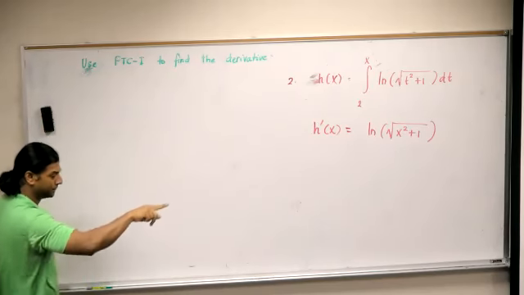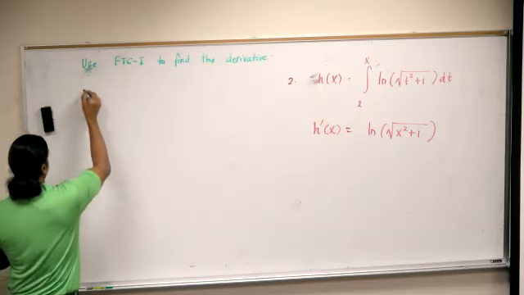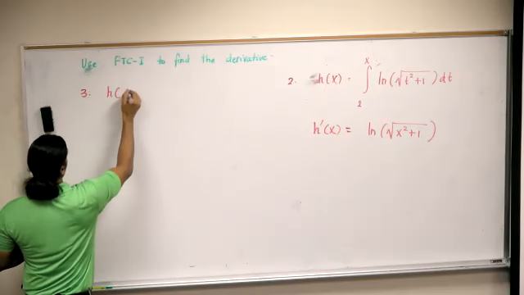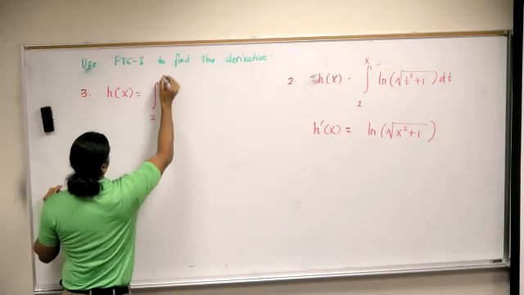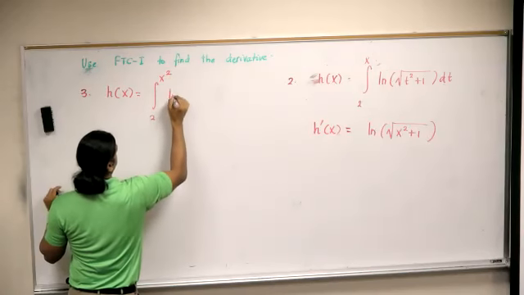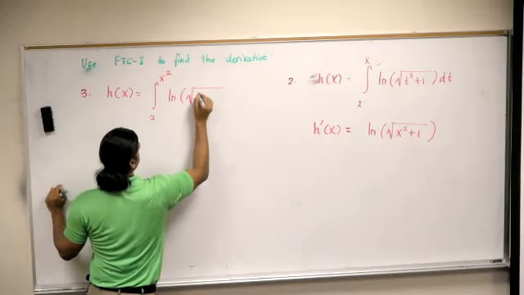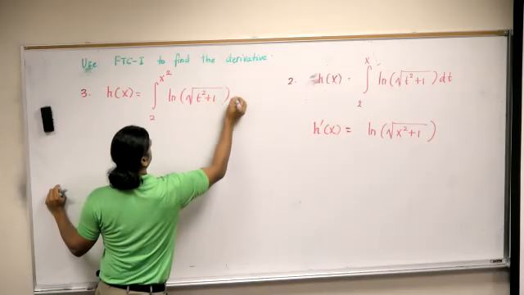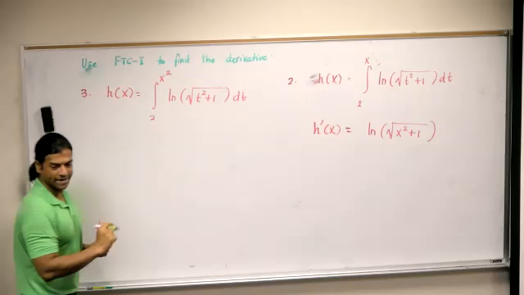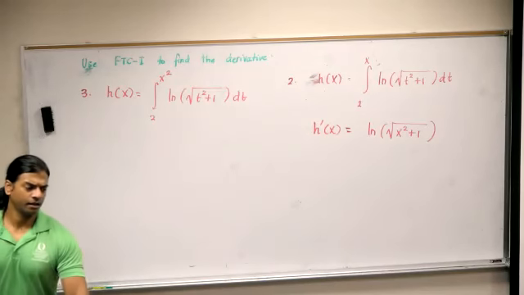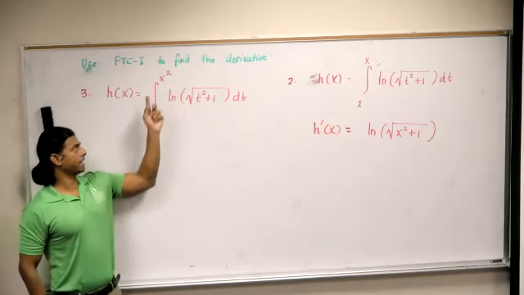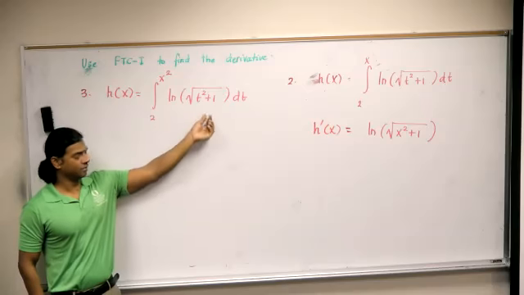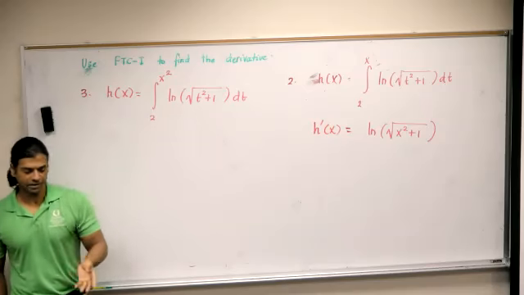The same problem, but I'm going to show you what would happen if I had that. So the integral from 0 to x squared of ln of the square root of t squared plus 1.